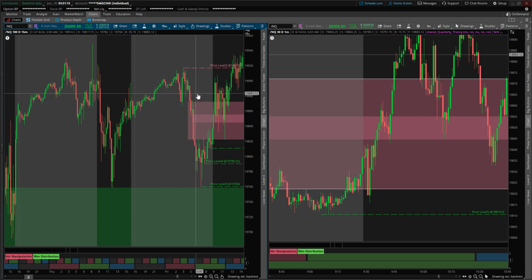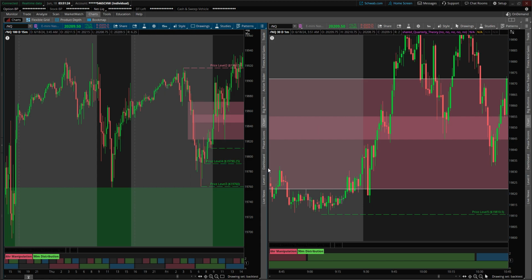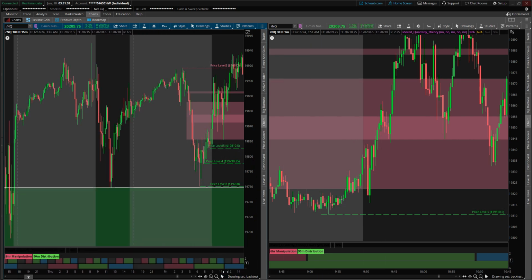Alright, other than that, do I see anything else? I had this other tiny 15-minute fair value gap. We're going to mark this out as well. And since we are looking for longs, we use all these imbalances above us as target areas to exit or scale out of some of our position, right?